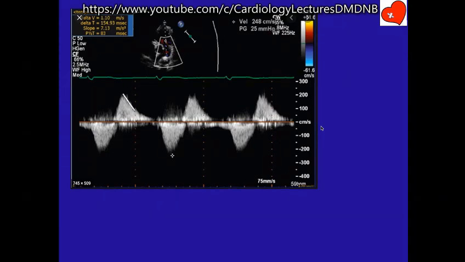So it's a continuous wave Doppler at the pulmonary valve. It is showing a fast diastolic decay, showing severe pulmonary regurgitation.